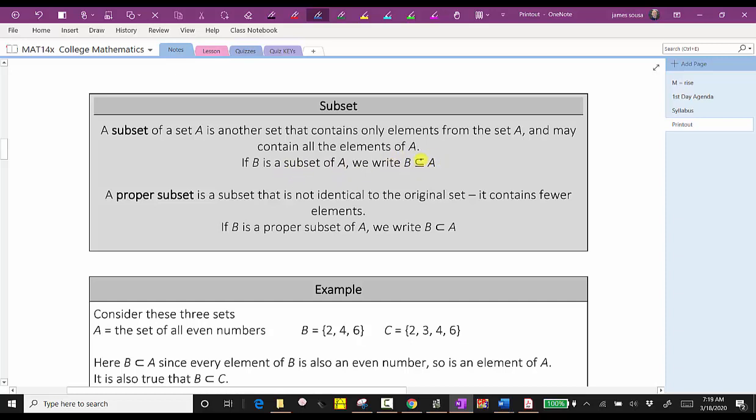And I think of this as the less than or equal to symbol to remind myself that set A and set B can be exactly the same to satisfy this definition of a subset.